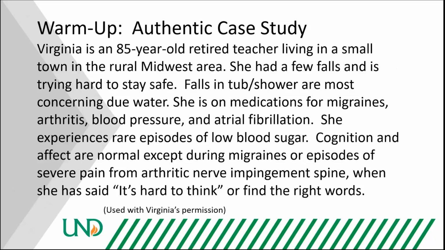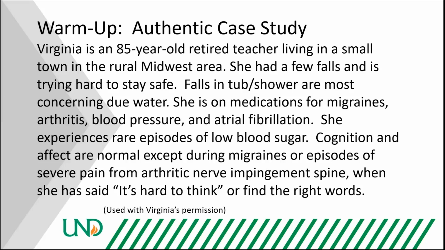She is on medications for migraines, arthritis, blood pressure, and atrial fibrillation. She experiences rare episodes of low blood sugar. Cognition and affect are normal, except during migraines or episodes of severe pain from arthritic nerve impingement of her spine, when she has said it's hard to think or find the right words.